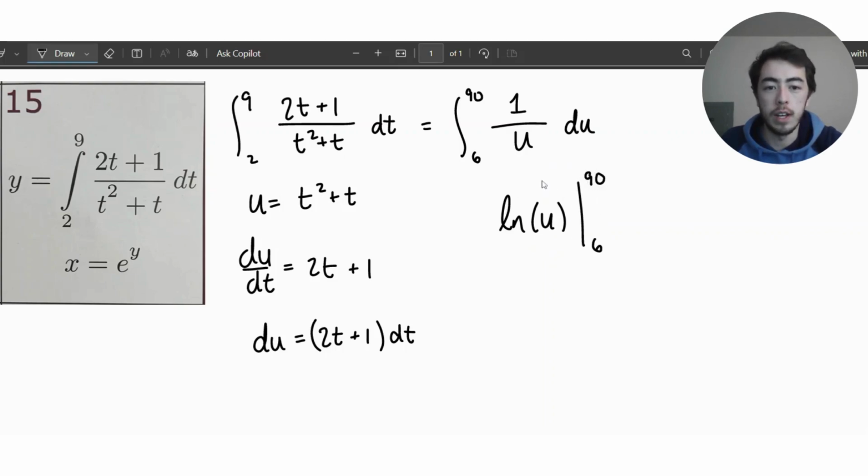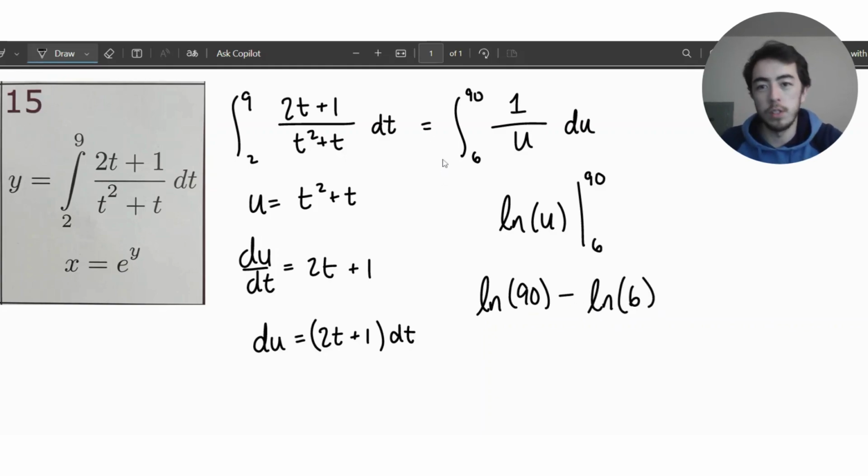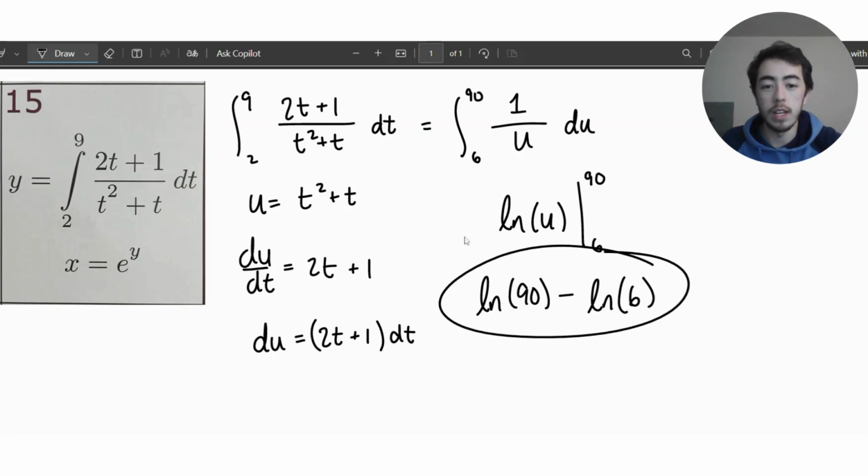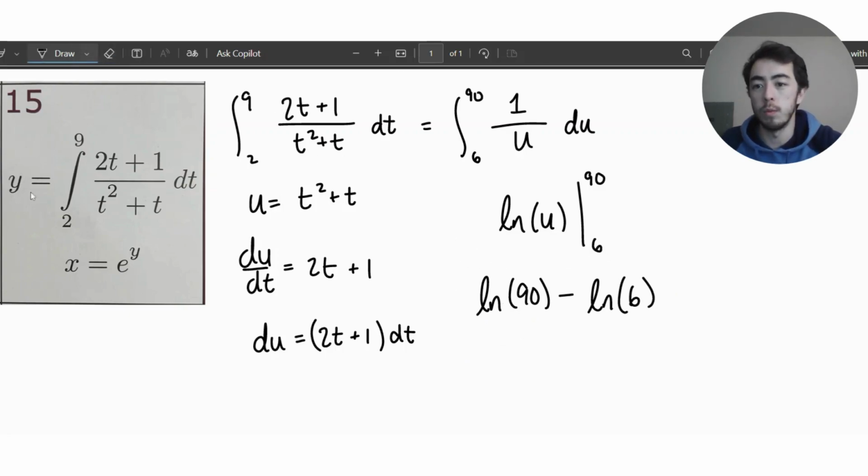Great, so I can now evaluate it at 90, so natural log of 90, and then subtract what you get when you evaluate it at the lower bound. This right here is just like the fundamental theorem of calculus. You can find an antiderivative, plug in your bounds, and then this right here is y, because y is equal to this whole integral. So right here is my y.